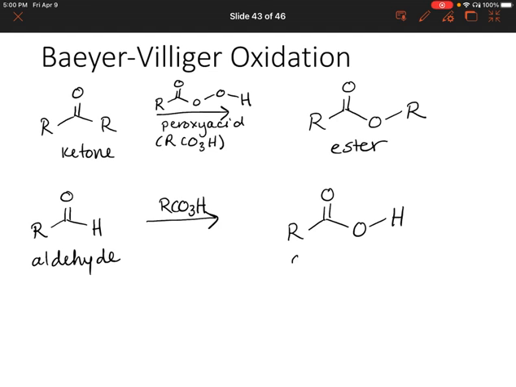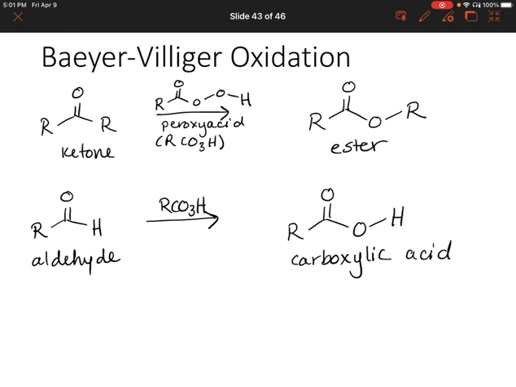So then you end up forming a carboxylic acid. So notice that the aldehyde is asymmetrical. So we have two different groups on either side of that carbonyl. How did we know that the oxygen was going to add in between carbon and hydrogen? Why didn't it add between carbon and the alkyl group?